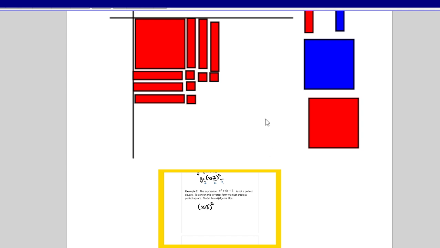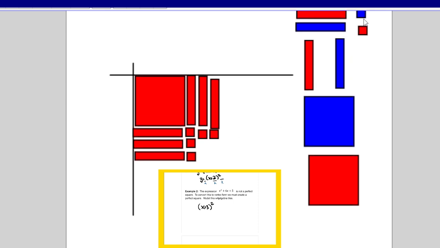However, I am missing 1, 2, 3, 4. Right? I'm going to use blue ones as just kind of placeholders here. So I'm missing 1, 2, 3, 4 values that I'm missing that would make it a perfect square. So it's not really a full perfect square.